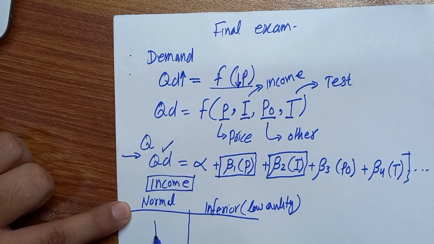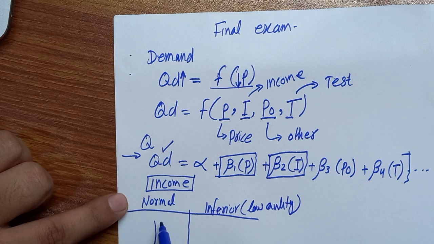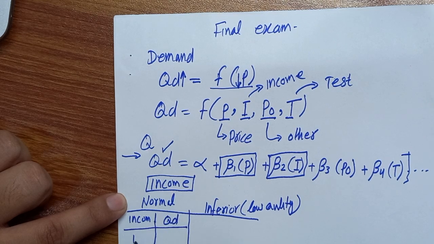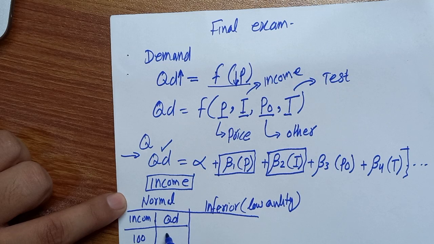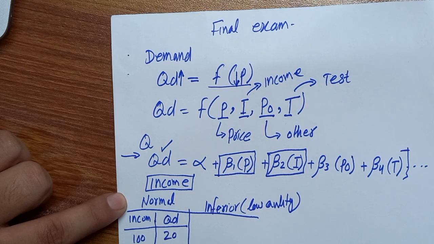When you have a normal good, when the income is increased, let's say this is income and this is the quantity of demand of your normal good. When the income is 100, your quantity of demand is, let's say, 20.